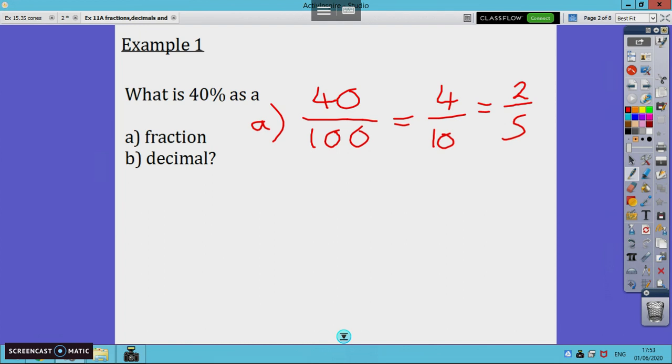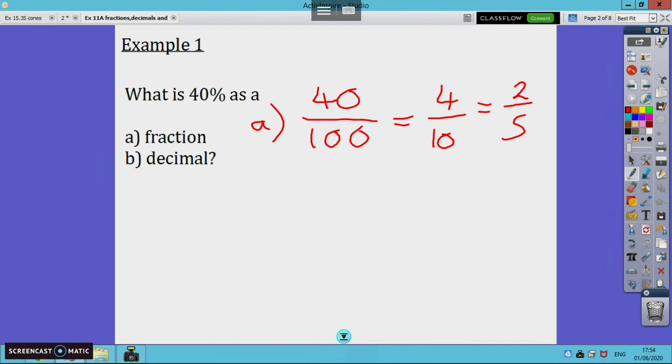It's actually 2/5. Now let's think about what it is as a decimal. So a decimal, we need a decimal point in there somewhere. And we know that 40% is going to be less than 1 as a decimal. Anything 100% and over is going to be 1 point something or 2 point something or whatever. Anything less than 100% is going to be less than 1. So it's going to be between 0 and 1.